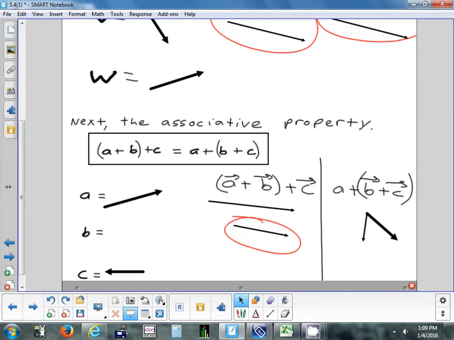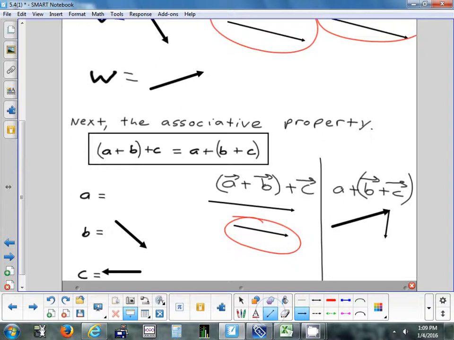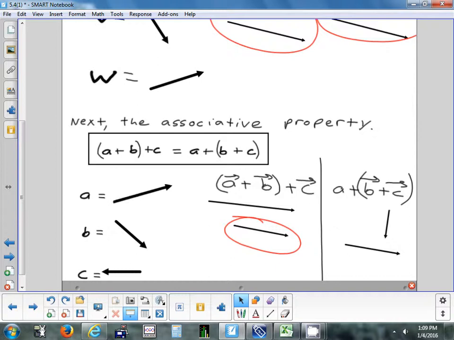I can move these back. And now take A, and onto the end of A, add what we just did. Okay, let's draw that. Hopefully that looks pretty similar. Yeah, pretty good. So I'm just showing you the associative property. Works fine.